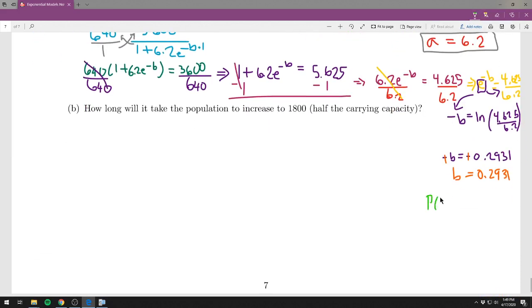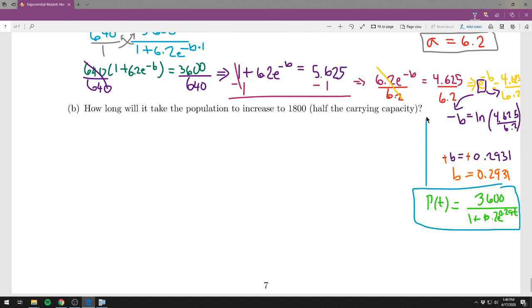P of T, our formula, equals C, which was 3600, divided by 1 plus A, which was 6.2, e to the 0.29 T. Just round however far it says to round in the problem. Right, that is the answer to part A, and that is absolutely as challenging as that can get.